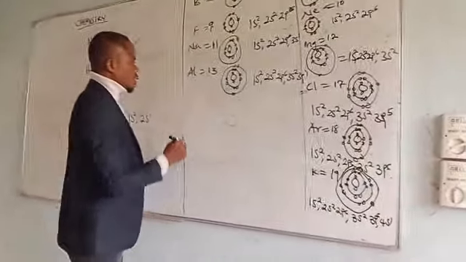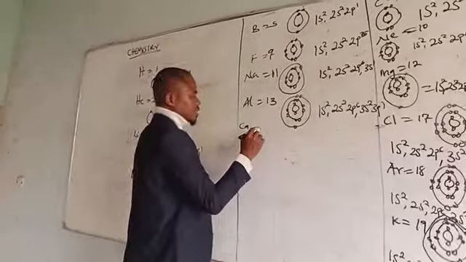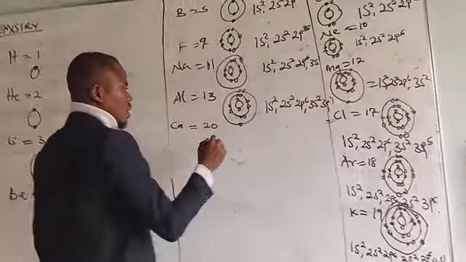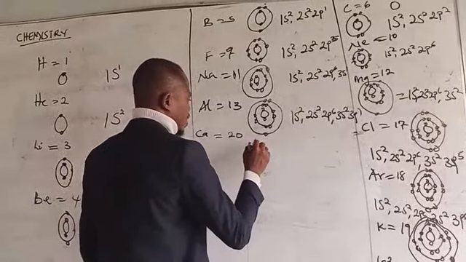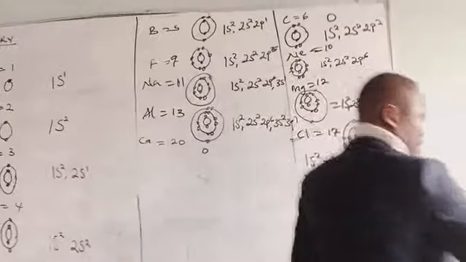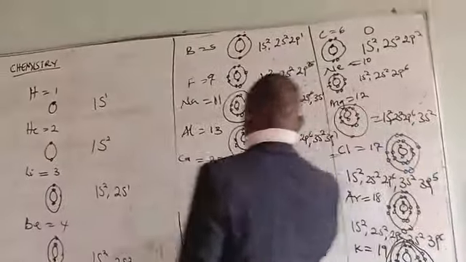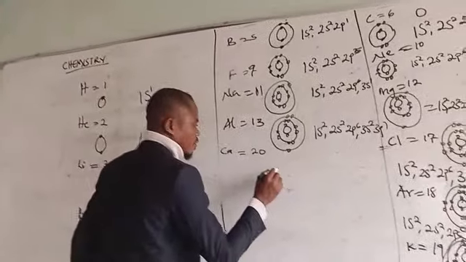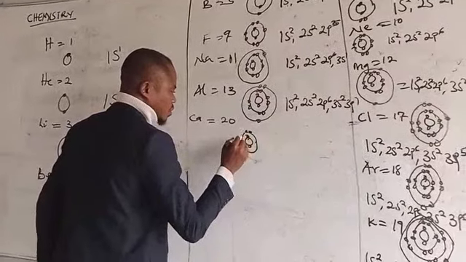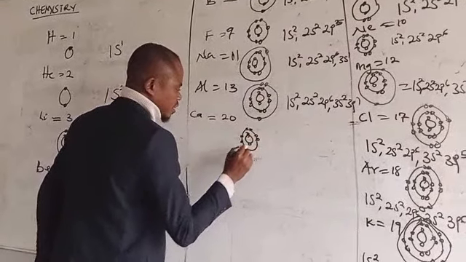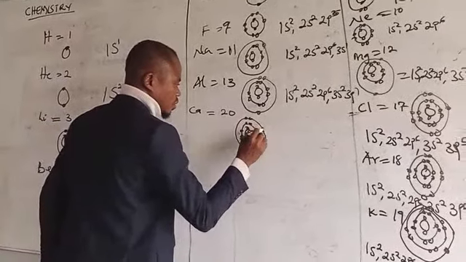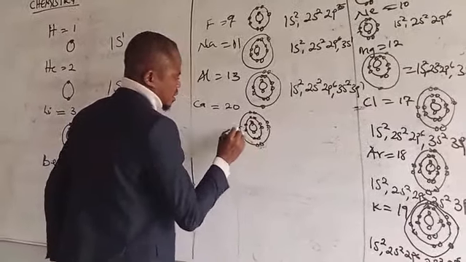Let's do calcium, then we'll arrange them in the periodic table. That's what I want us to do. Calcium is 20. Excuse me, let me clean the board. We're going to have first shell 1, 2, second shell 1, 2, 3, 4, 5, 6, 7, 8, third shell 1, 2, 3, 4, 5, 6, 7, 8.